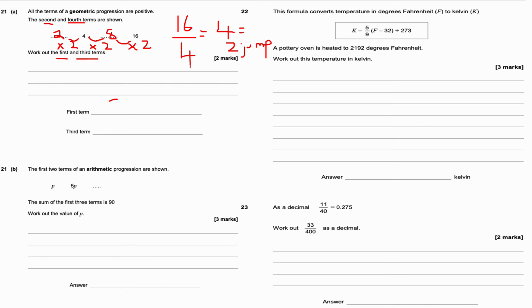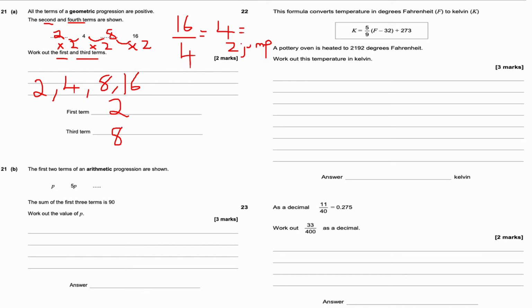So the first term is 2, and the third term is 8. Geometric means that I am multiplying by a fixed amount each time, whether it's an integer or a fraction. I'm either multiplying by a whole number, or I'm multiplying by a fraction. If I'm timesing by a positive integer, it means it's getting bigger. If I'm timesing by a fraction, it means it's getting smaller.